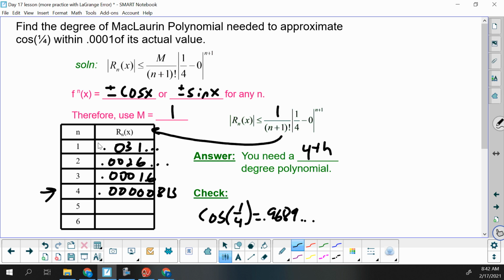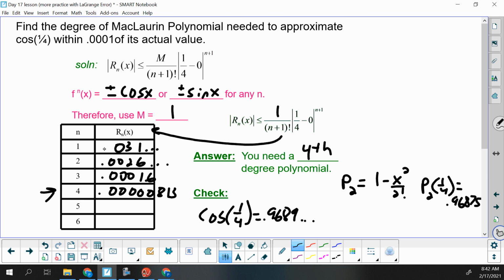So if we did, say, a second degree Taylor for cos, that would be 1 minus x squared over 2 factorial. So if you did your second degree polynomial at 1/4, you would have found that it was 0.96875.